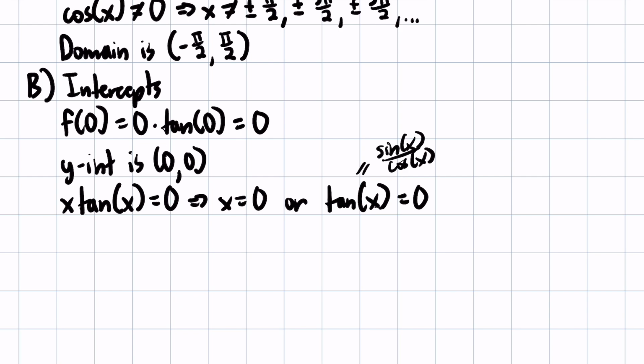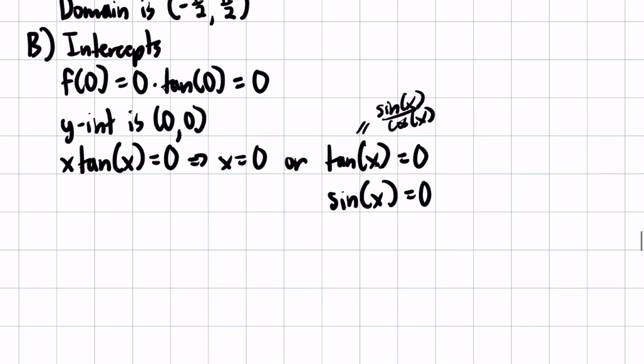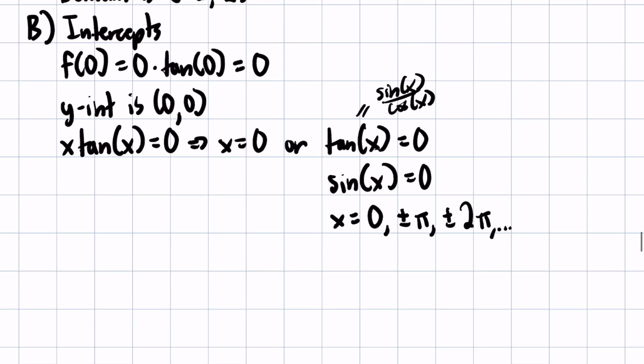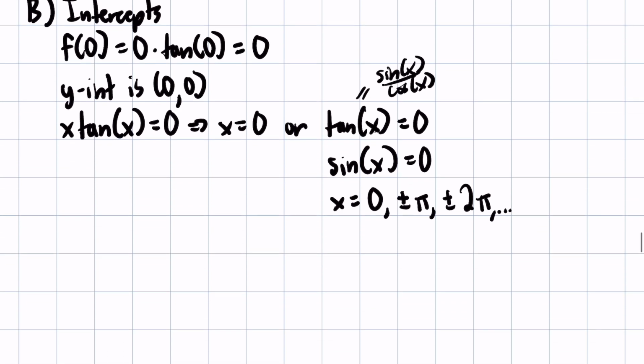We can basically replace it with sine of x over cosine of x, multiply both sides by cosine of x. So we have sine of x equals 0. And those zeros are a little easier to remember. So those are going to be 0, plus or minus pi, plus or minus 2 pi, and every other integer multiple of pi. Notice that, though, the only one of those that's actually in our domain is 0. So that's still our only x-intercept.